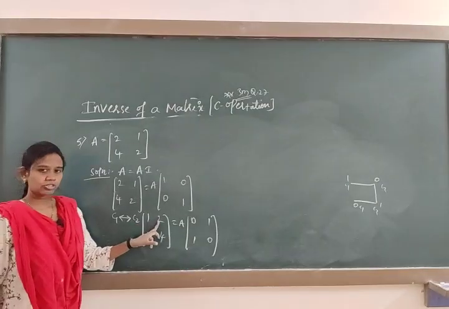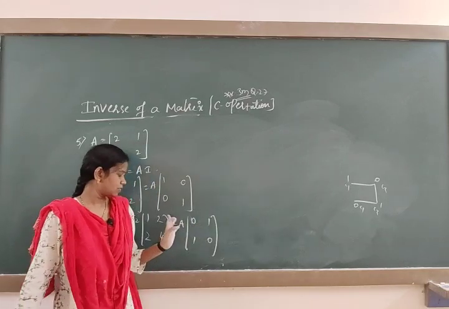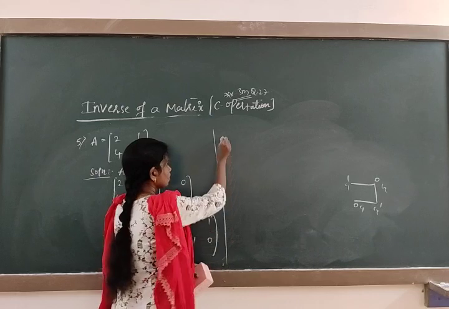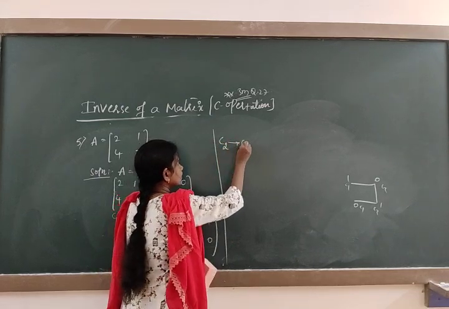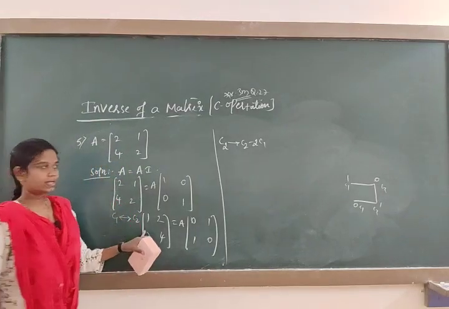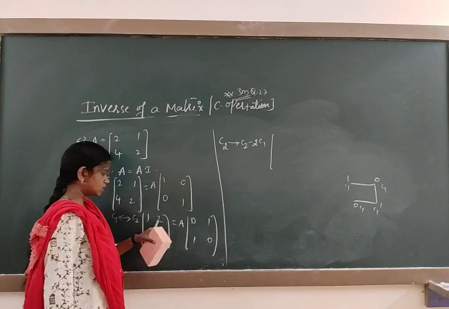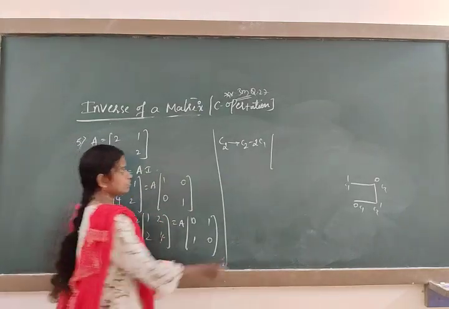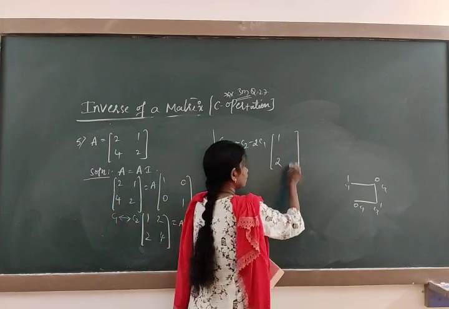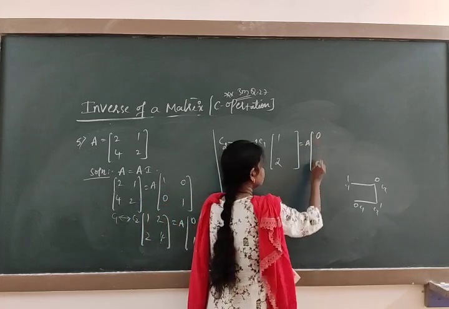Now we have to move to this point, and for this point we are having the value 0, but we are having 2 here, which is present in C2. So C2 changes as C2 minus 2 C1. When you do this, you are changing C2, so the C1 values are the same: 1 2 is equal to A of 0 1.